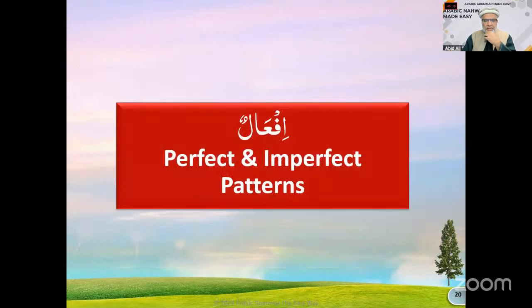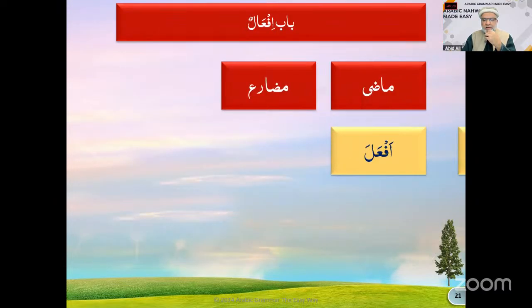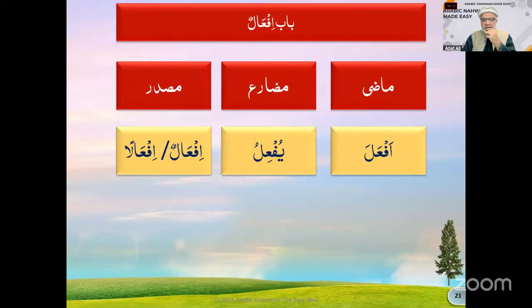Then we will look at these patterns after the break: the Madi for Bab If'āl will be Af'ala, Muḍāri will be Yuf'ilu, and the Maṣdar, when written in Rafa, is going to be If'ālun, and in Nasab, If'ālan. Agree? Okay, good. At 10:50, 11 o'clock, we meet again, and inshallah we take it to the next level. Jazakallah khair. Don't leave the meeting, just mute yourself and come back in 10 minutes, inshallah.